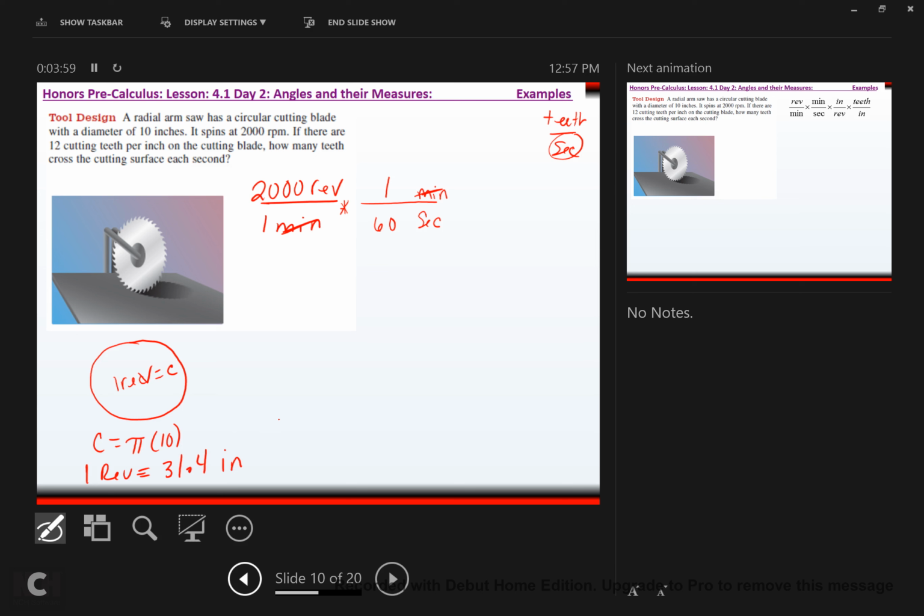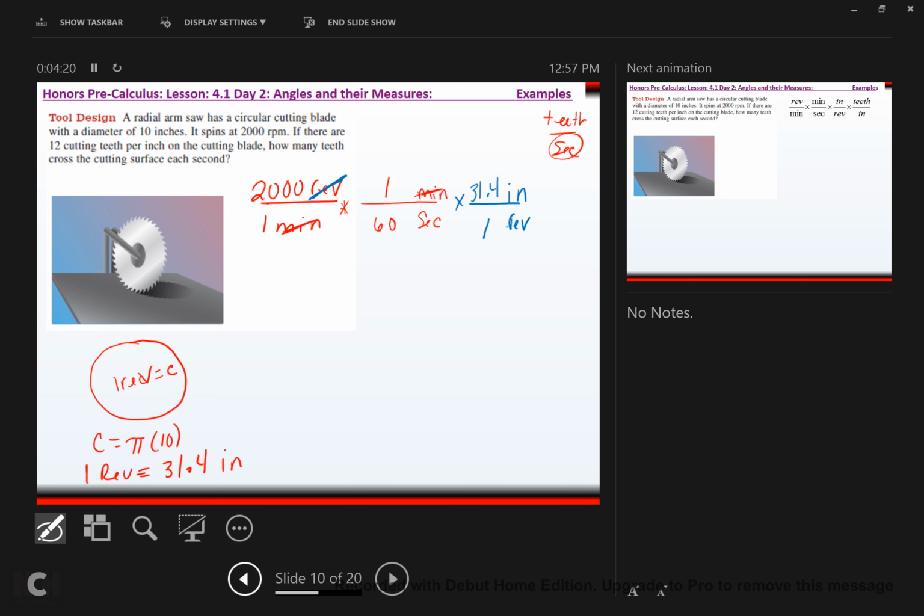I want to get rid of revolutions by putting that on the bottom, and I can go to inches because that's what the saw blade is measured in. So in 1 revolution, there's 31.4 inches.